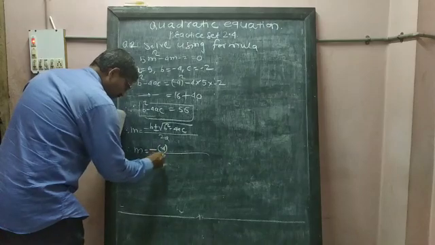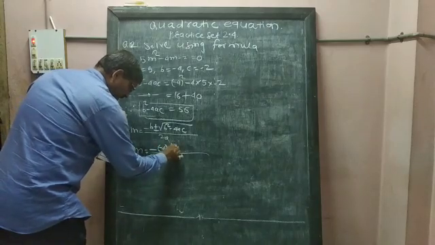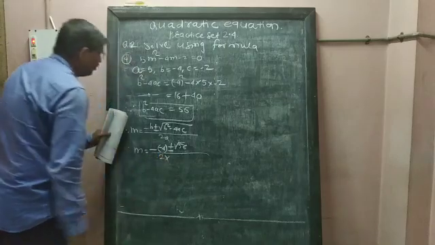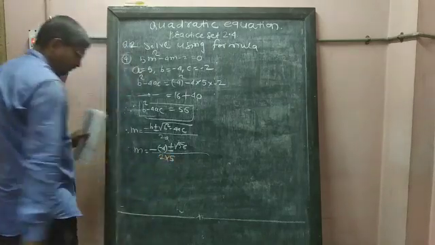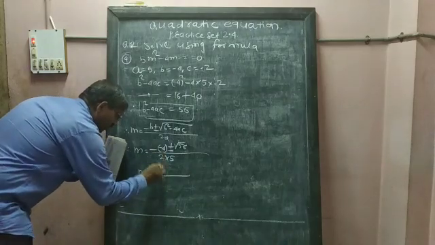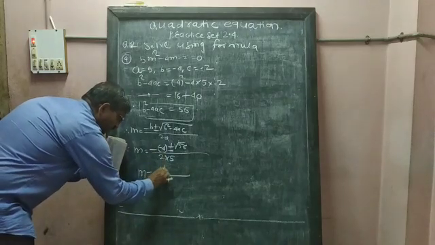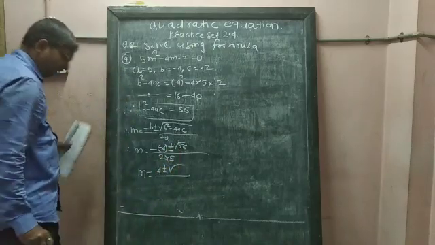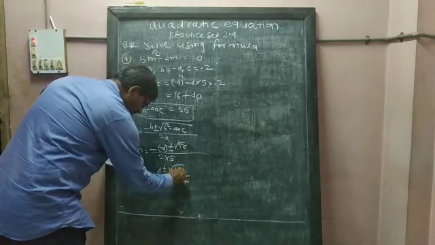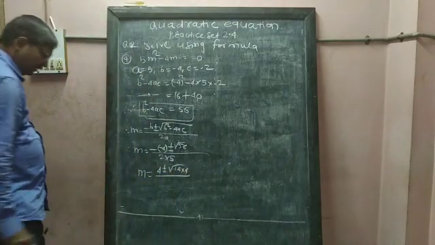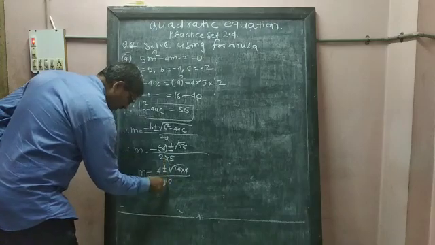So minus minus 4 plus minus under root 56 upon 2 into a, means 5. Okay, m is equal to minus into minus 4 is positive 4 plus minus under root 56, which is split as 14 4s are 56, and down here 2 5s are 10.